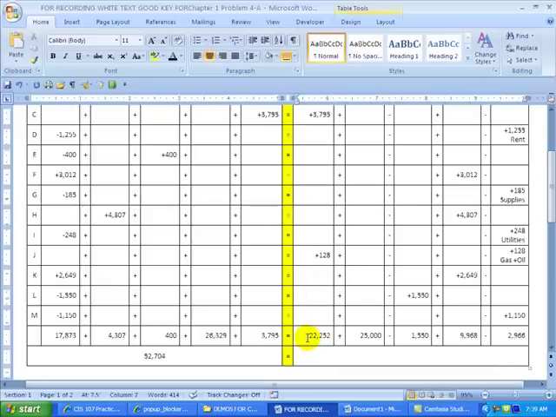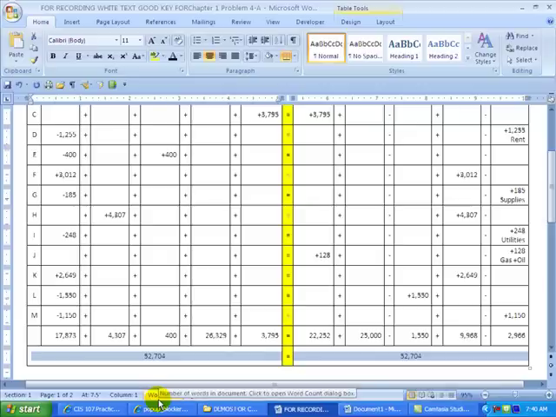Okay, so on this side we're going to take the liabilities plus the capital minus the drawing plus the revenue and minus the expenses. And if you do that, you're going to come up with $52,704. And notice that it matches what you have over here.